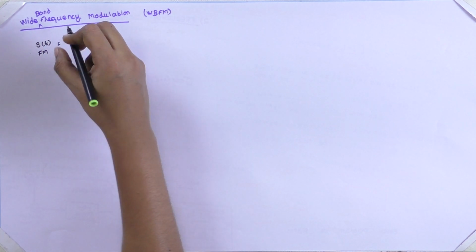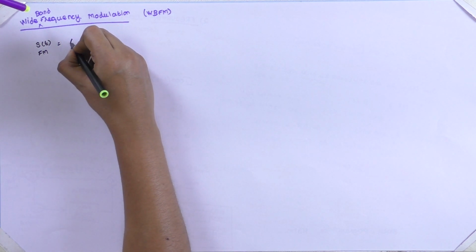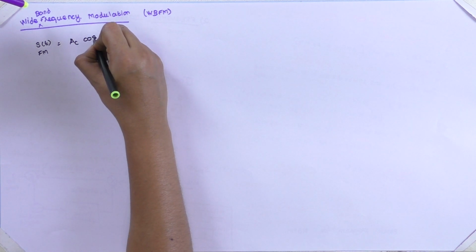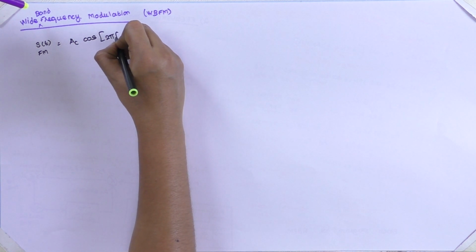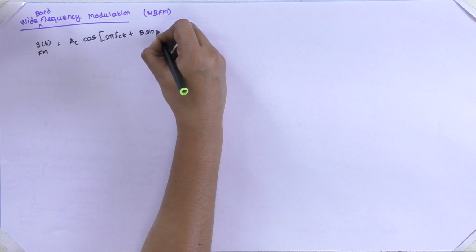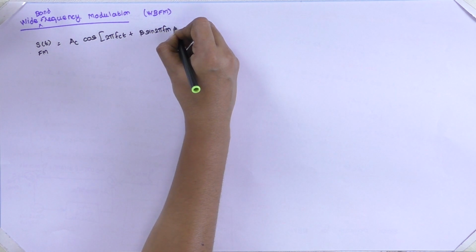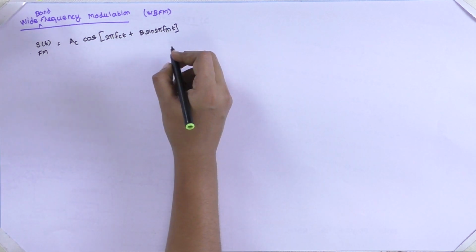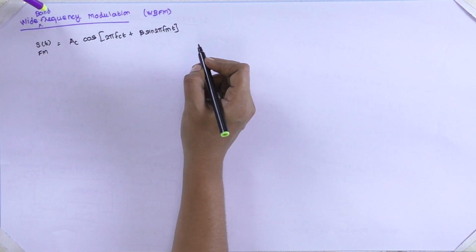What is the time domain expression? In terms of beta, it is Ac cos(2 pi fct plus beta sin 2 pi fmt). This term doesn't have an imaginary part.